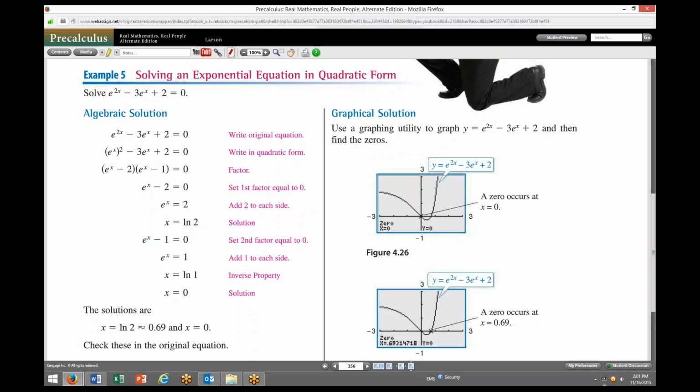Here's what the key to this problem is. The fact that e to the 2x, based on the rules of exponents, if you just take e to the x and square it, so you have e to the x squared, e to the x itself to the second power. Then you have e to the x and that to the power of 2. So we have something to a power, again to a power.